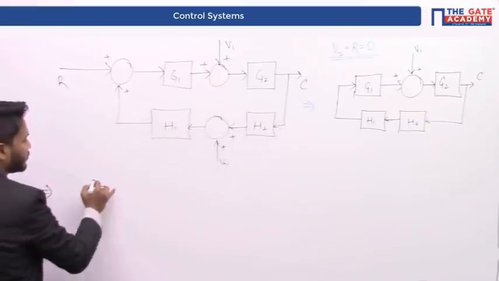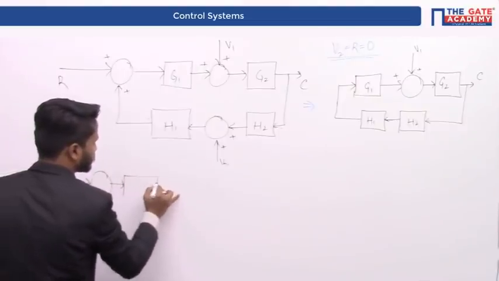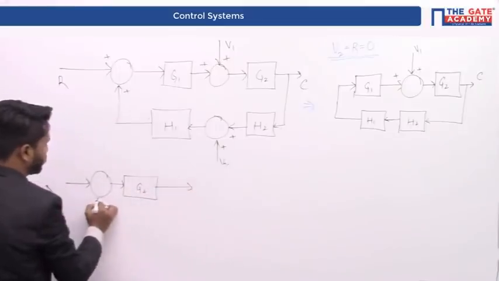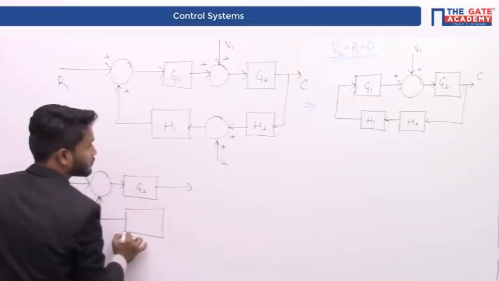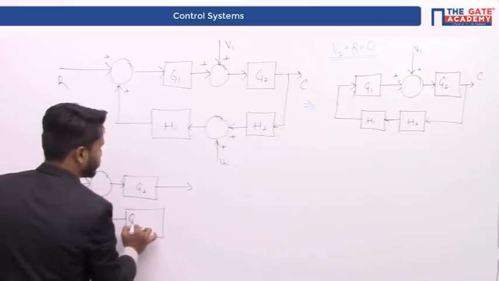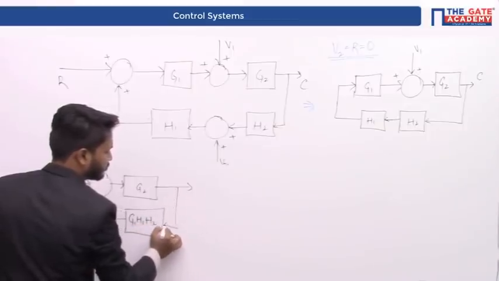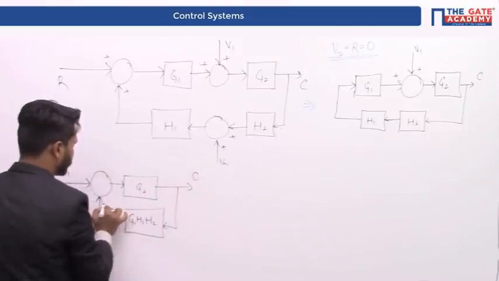Therefore, the resultant will be like this: G2, G1, H1, H2. And V1 is the input and C is the output.